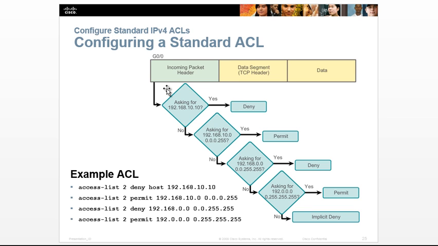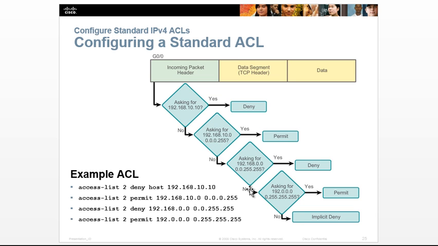So here, looking at these commands from our example ACL, here's what's going to happen. On gigabit 0/0, the packet header is going to look in. It's going to say, is it asking for 192.168.10.10, a specific IP here? We're denying that host access, so if it is, it's an automatic deny. No, then go on to the next ACL command, asking for 192.168.10.0. Yes, permit it. No, go to the next one.